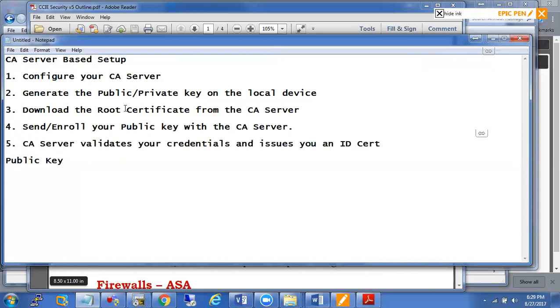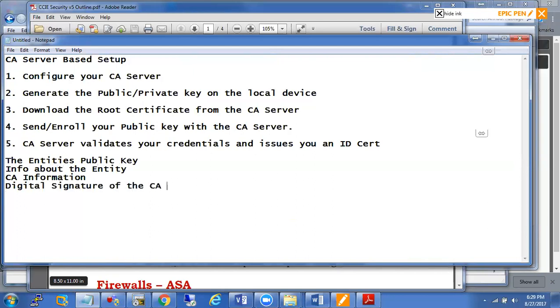Your public key, the entity's public key. What else does it contain? Information about the entity, the entity being, in our case, a router. CA information, who the CA server is, and the CA signature, the digital signature of the CA server. This is what's contained within a certificate.